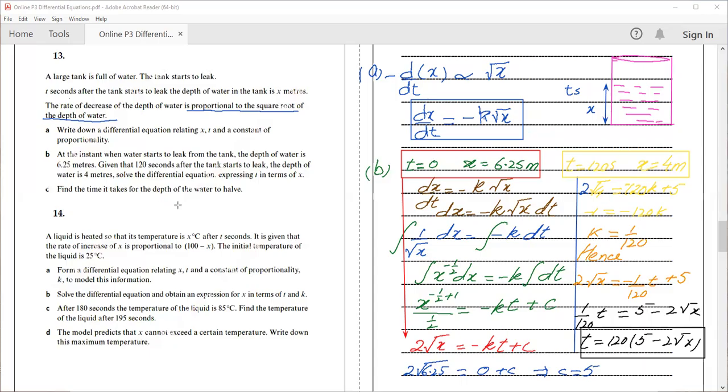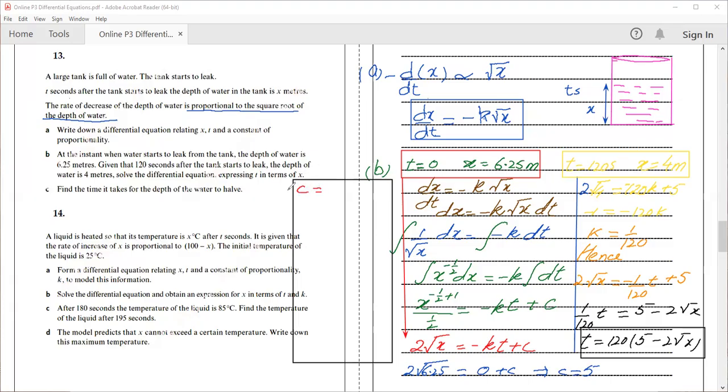Find the time it takes for the C part of the question. Find the time it takes for the depth of the water to half. So the C part of the question is over here. Using the red marker, that is the C part.